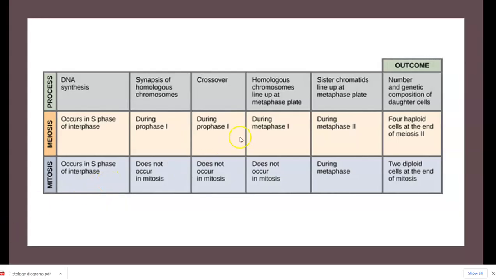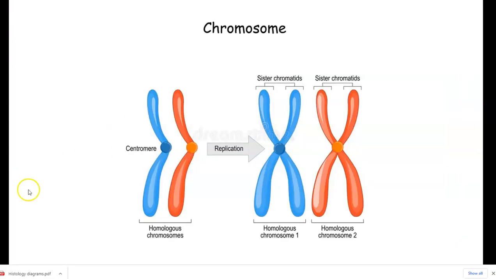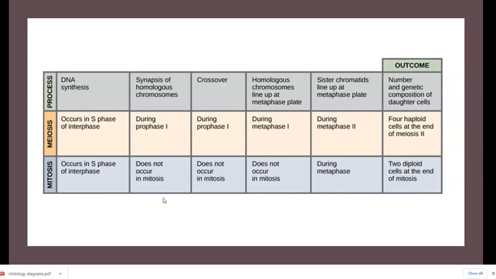So here we just have a summary table of mitosis and meiosis. DNA synthesis will occur in the S phase of both meiosis and mitosis. Synapsis of homologous chromosomes, this is where you have the matching up of these homologous chromosomes. That's what synapsis means. That's going to occur in meiosis during prophase 1, but that does not occur in mitosis.